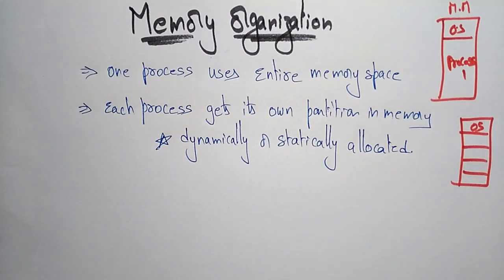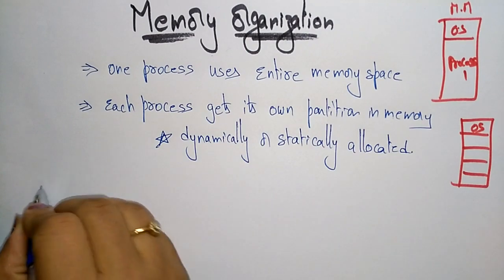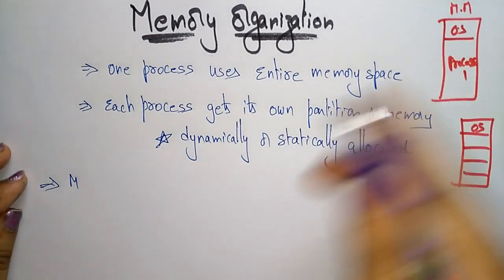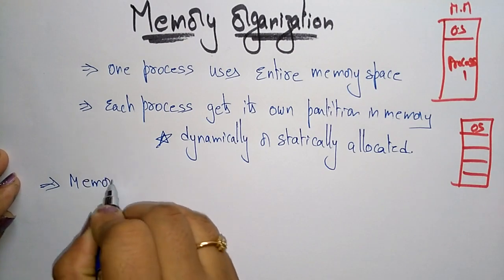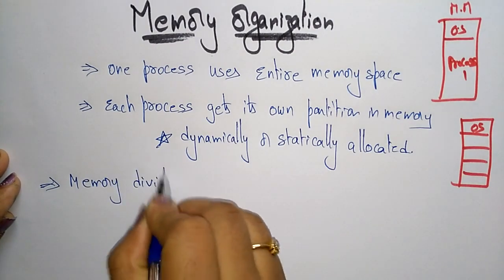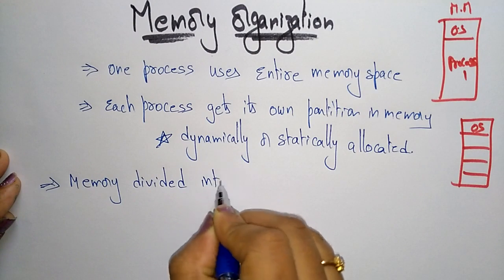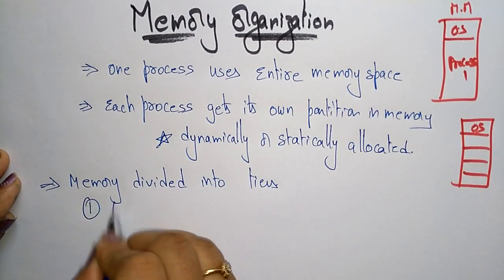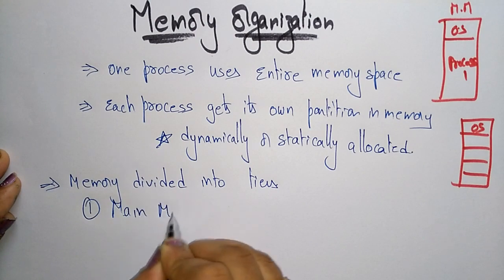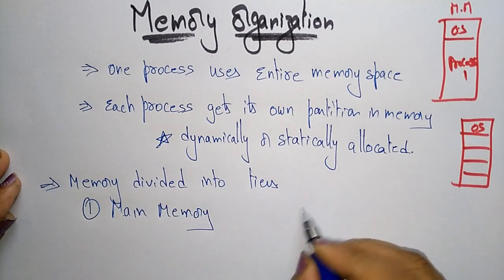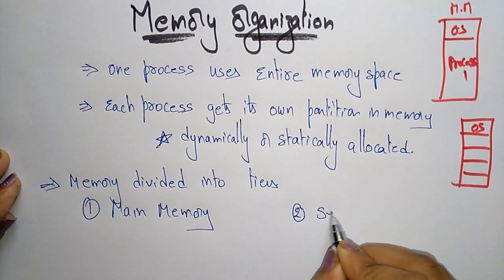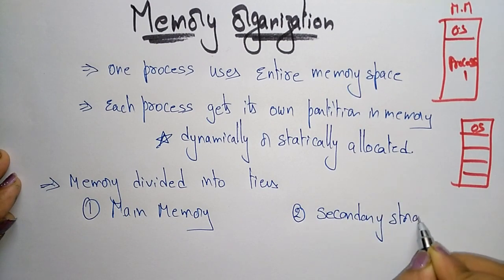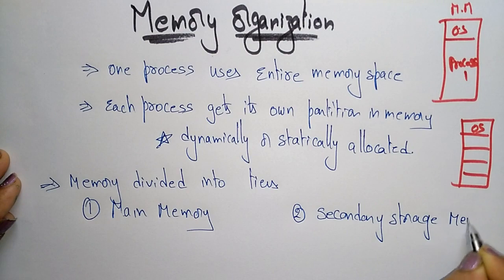The memory is divided into two types: main memory and secondary storage memory.